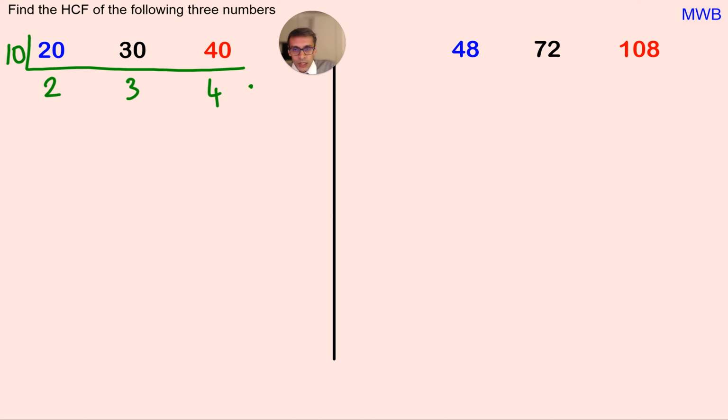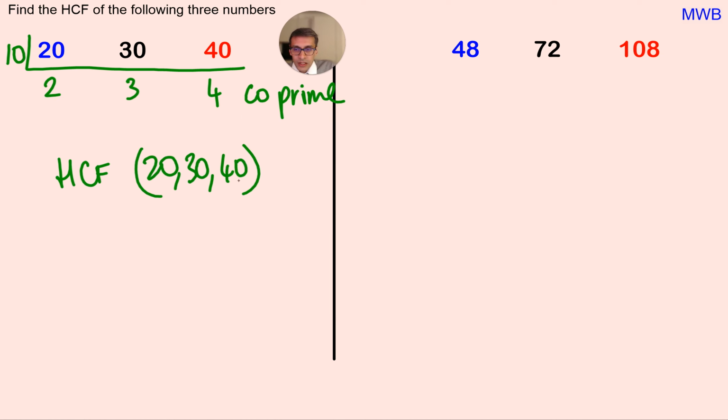And now what we have here is 3 numbers which are co-prime, so we stop and we can just say the highest common factor of 20, 30 and 40 is equal to 10. If there were other numbers down here, we would multiply them out, but 10 is your answer.